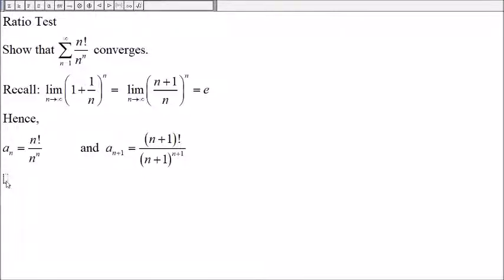Now we need to find the limit of a sub n plus 1 over a sub n. So we need a sub n plus 1 over a sub n.